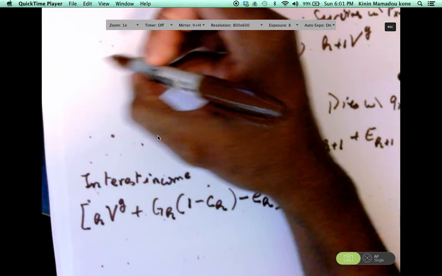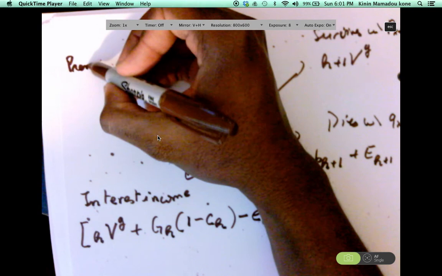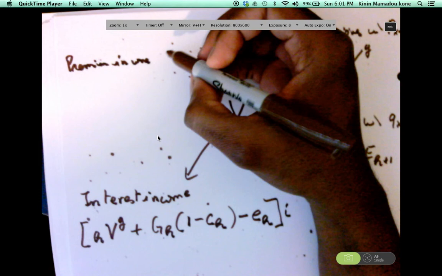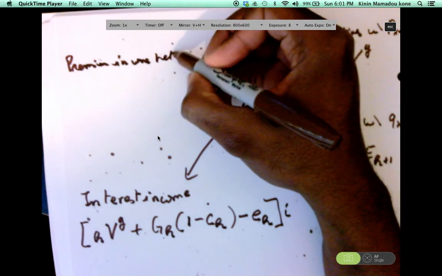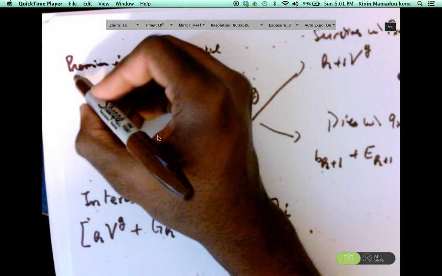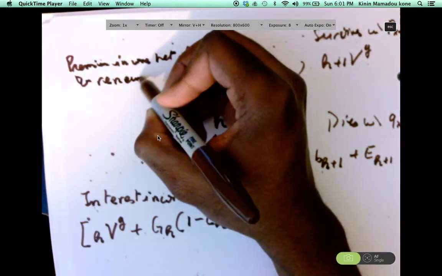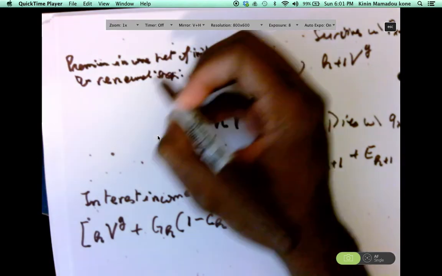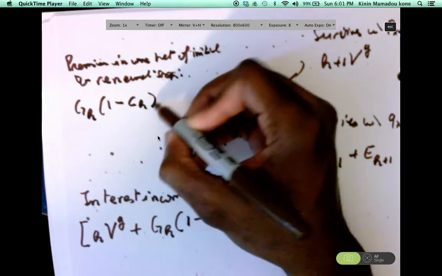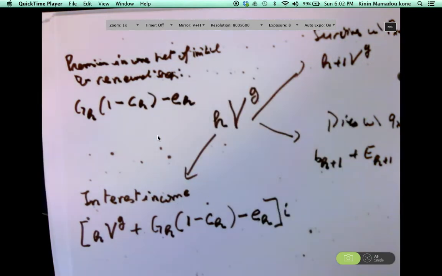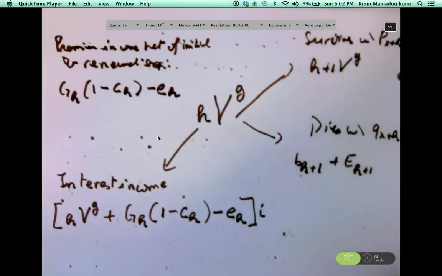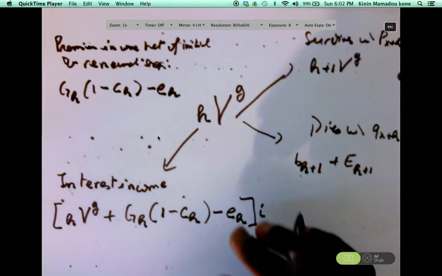For the premium income, net of initial and renewal expense, you have G_h times 1 minus c_h minus e_h. So that's a summary of the gross premium reserve.